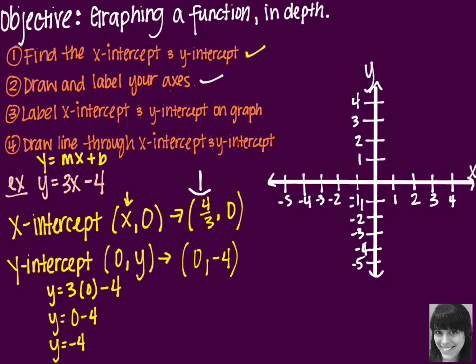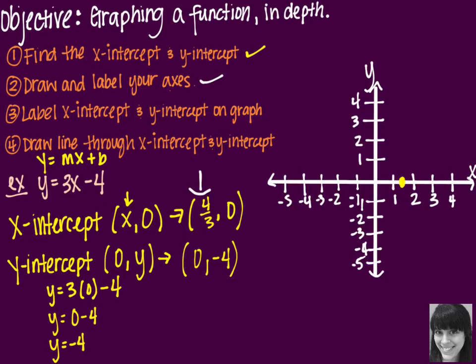Okay, so I'm going to go to 4/3, which is just a little bit above 1, right? So 4 divided by 3 is 1 1/3, okay, or 1.33. So that's just right about here.